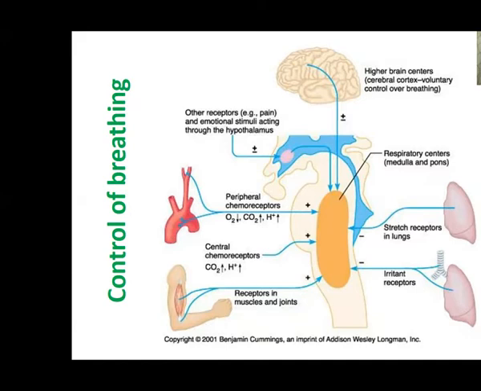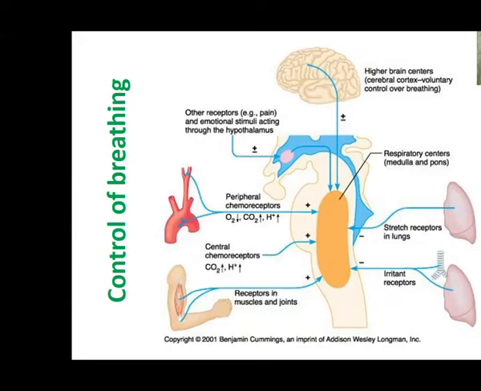Carbon dioxide in another form is an acidic thing. So to remove the acid from the body, you will try to compensate for any decrease in the pH. Whenever there is a decrease in pH, the respiratory rate gets stimulated so that more carbon dioxide is removed.